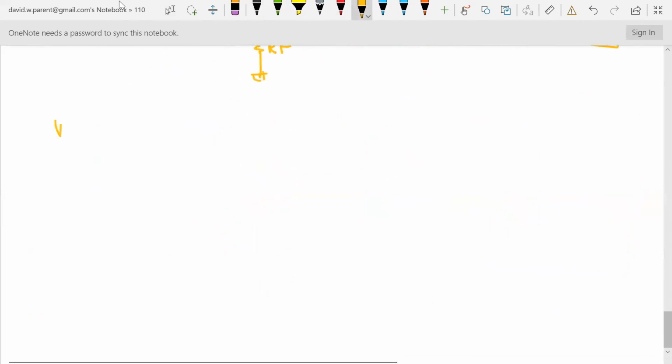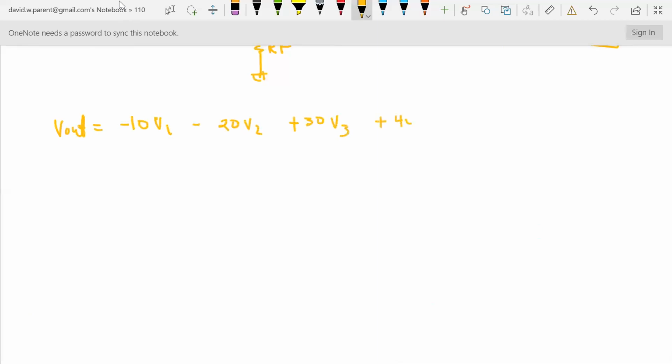So let's do V out equals 10 V1 minus 20 V2 minus 30 V3 plus 40 V4.